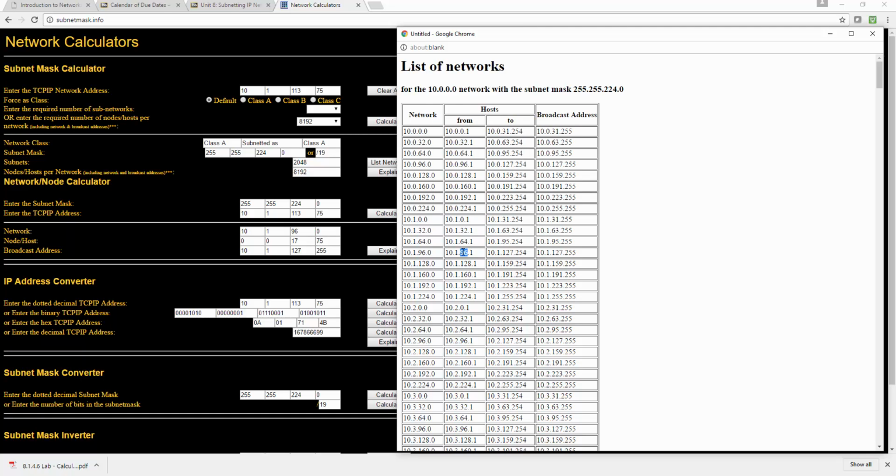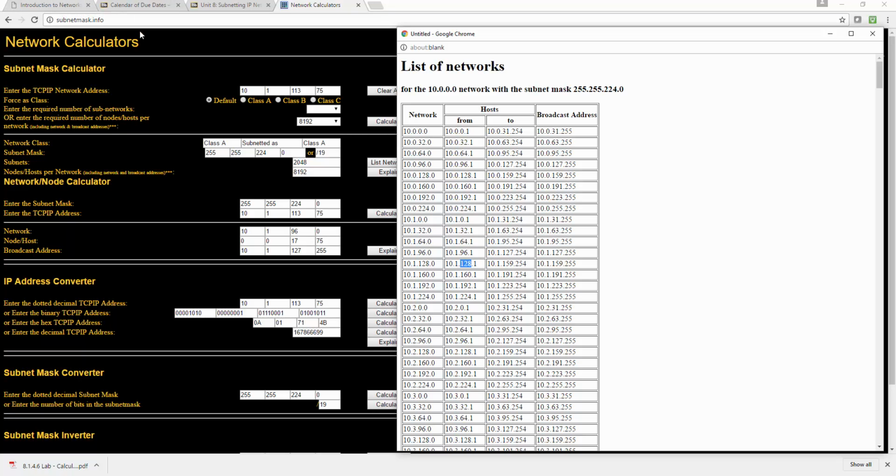So this one goes from 96 to 127, and then 1 to 254 because we didn't borrow any bits of that last octet. So we have all 255 there. But we did borrow from that third octet, so that remains 127. And that's because our next network in our subnets begins at 10.1.128.